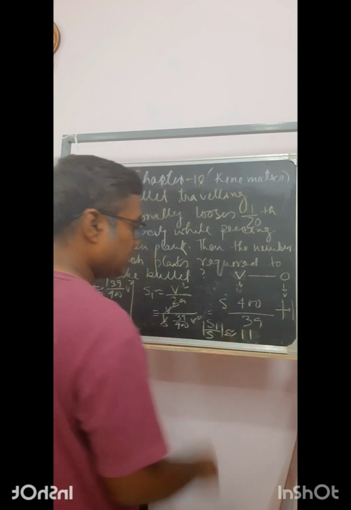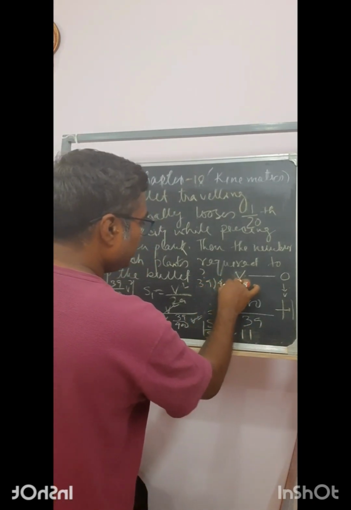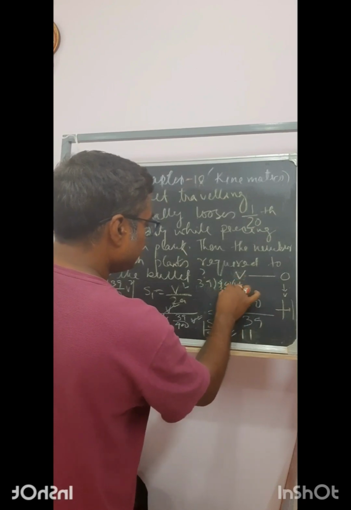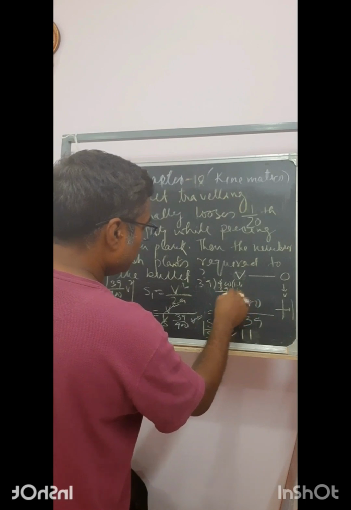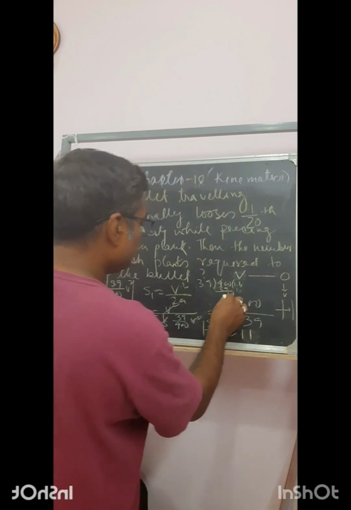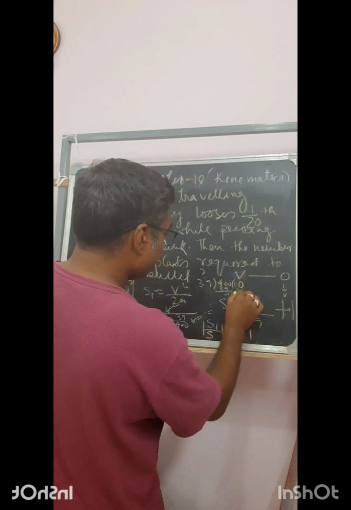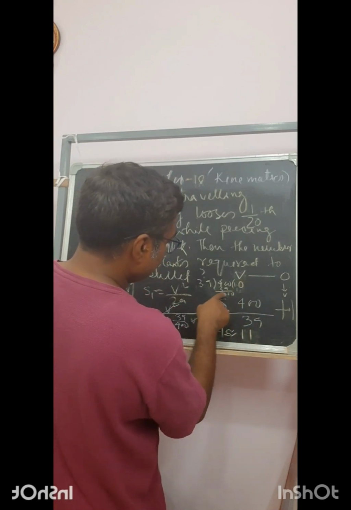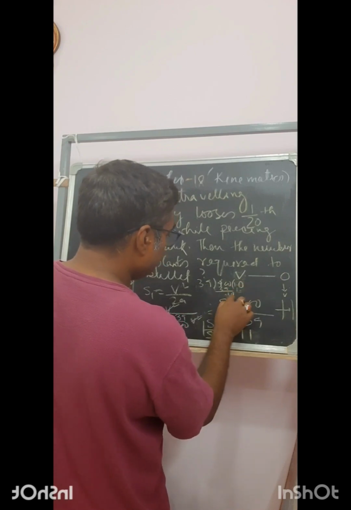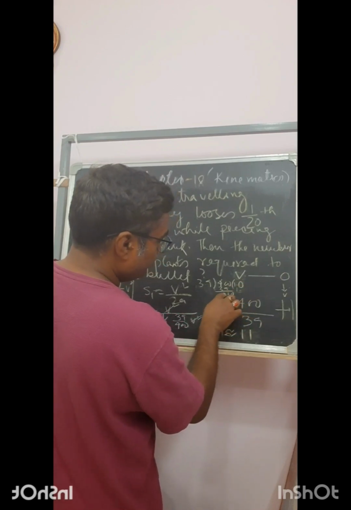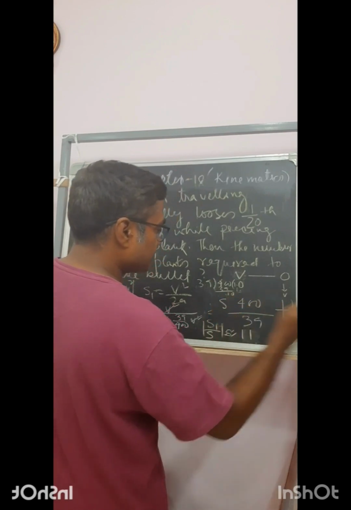So I have to take 11 plates, because 400 divided by 39 is 10 with a remainder. So remainder means I need some fraction of the last plate.